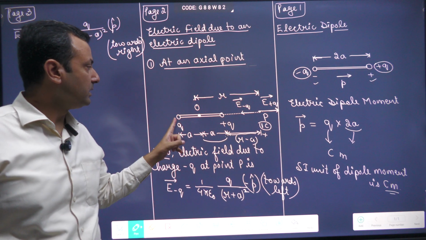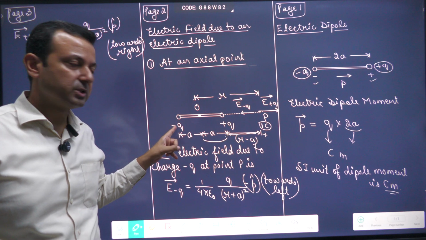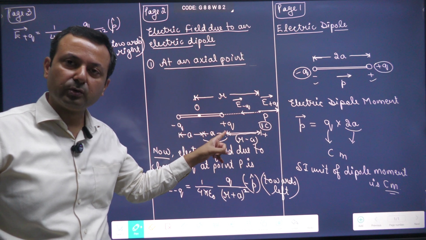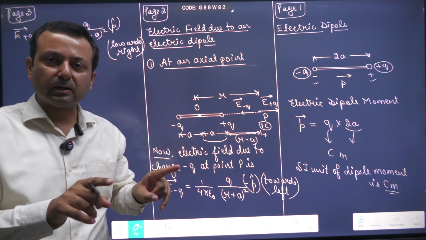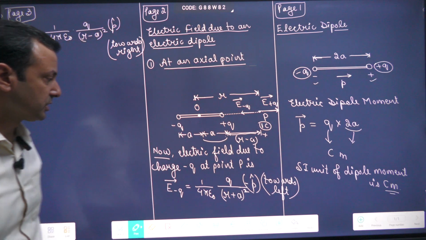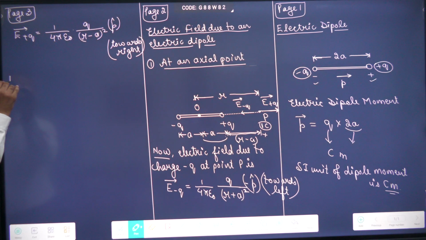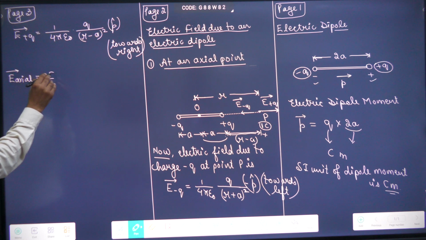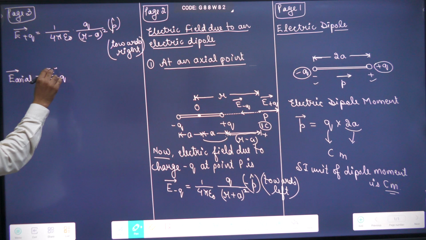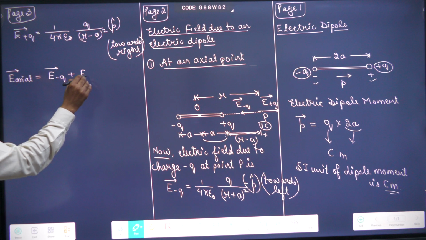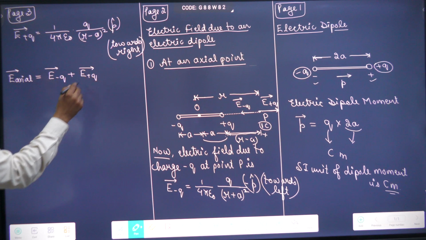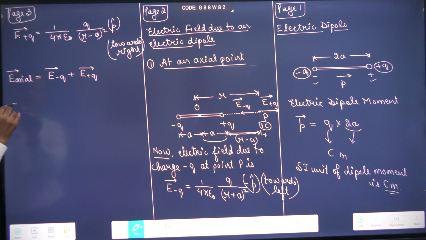We have calculated the electric field due to each charge. The total electric field will be the addition of these two charges, so E axial is equal to E minus Q plus E plus Q.